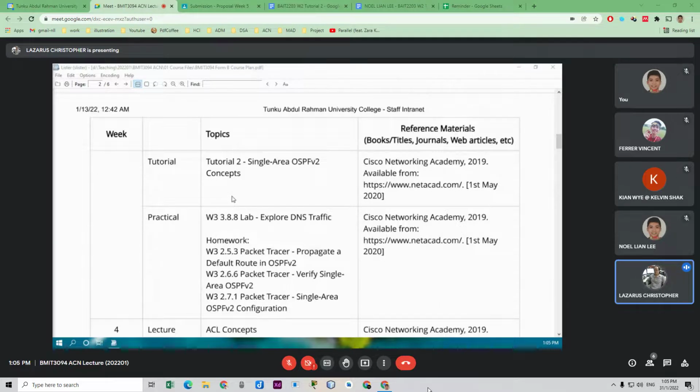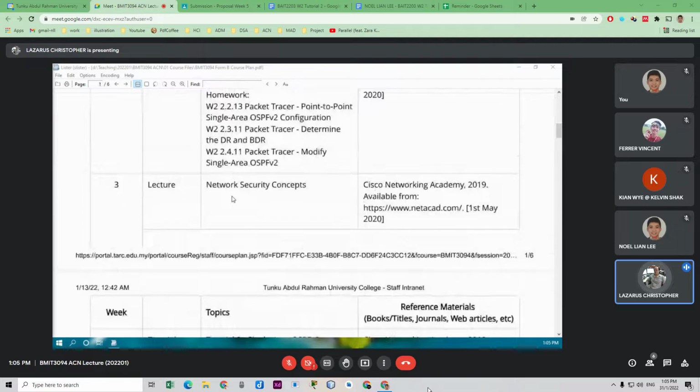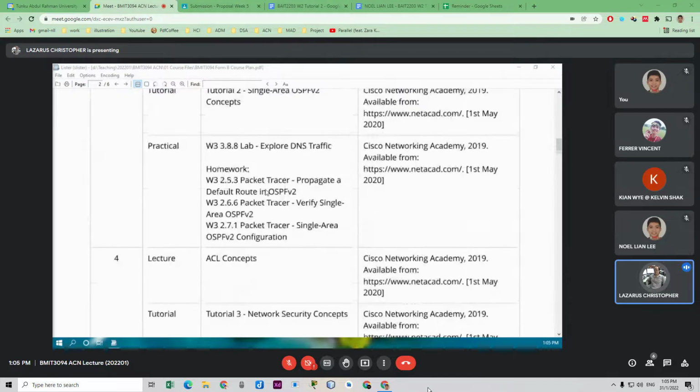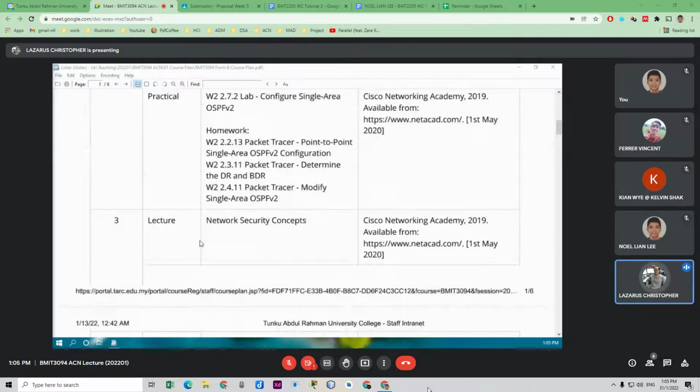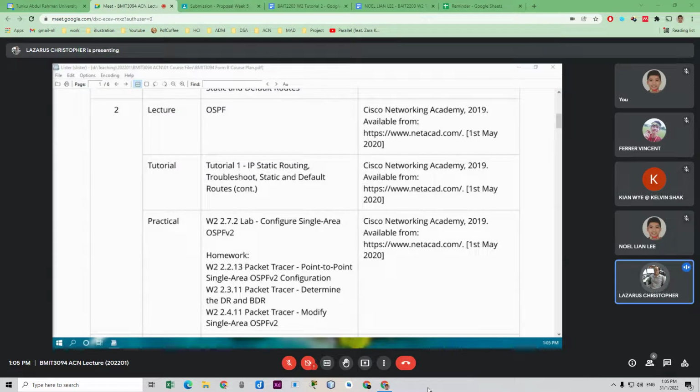So they are sort of related in a way. So here we identify network security, and then one of the ways we can secure network is by using access control lists. So before that, let's briefly go back to OSPF. Let's talk about the concepts before we can proceed.